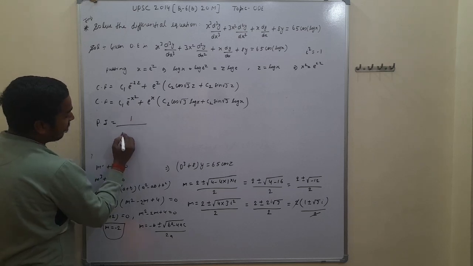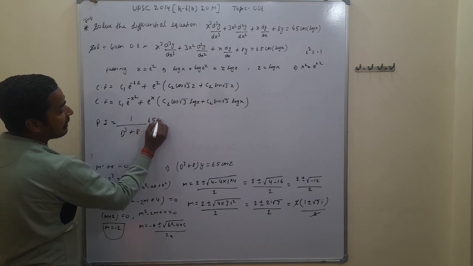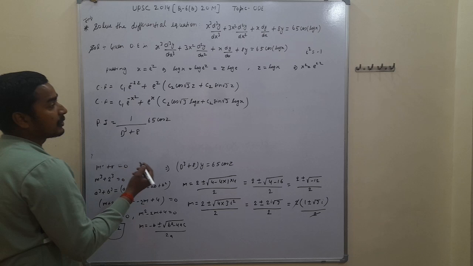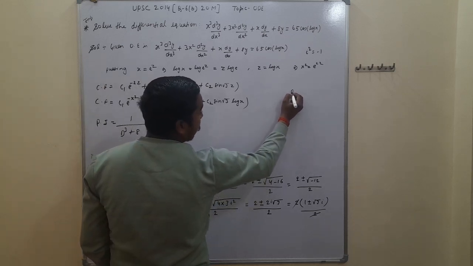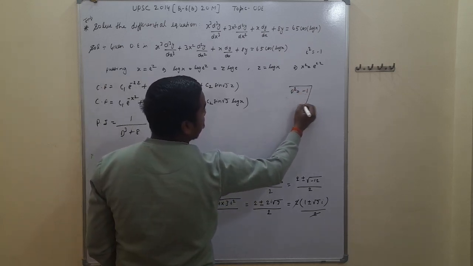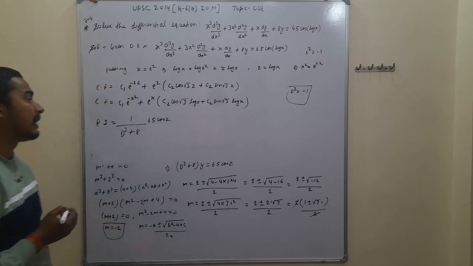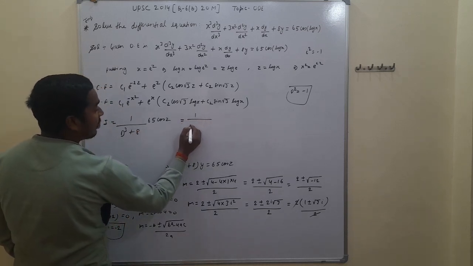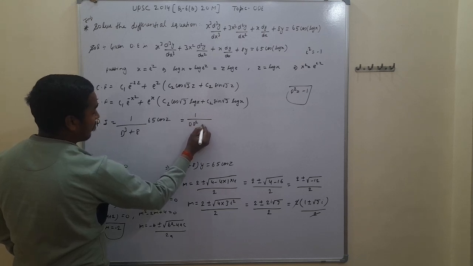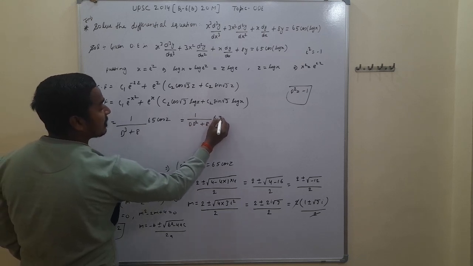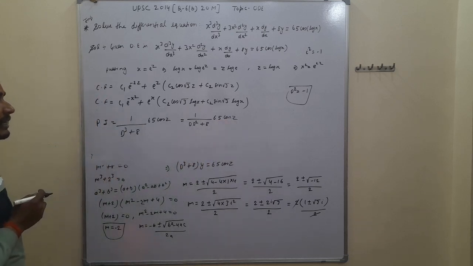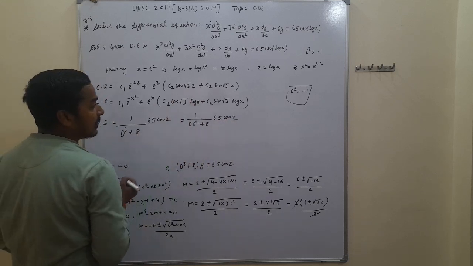once again we have to solve for the particular integral, and it is given by 1 upon (d cube plus 8) into 65 cos z. We know that in the Cauchy differential equation, d square is equal to minus 1, the second order derivative. So we write this as 1 upon d into (d square plus 8) into 65 cos z, and in place of d square we write minus 1.